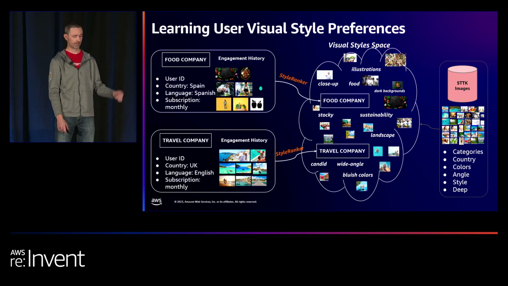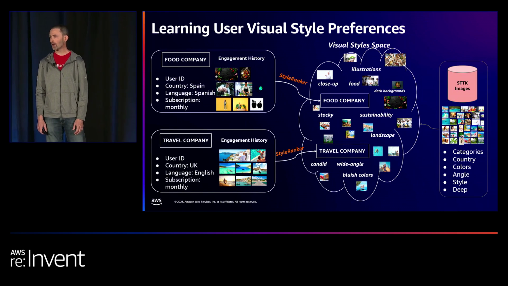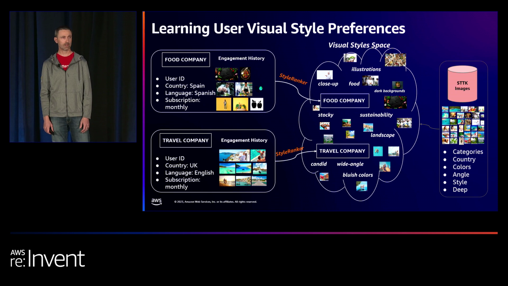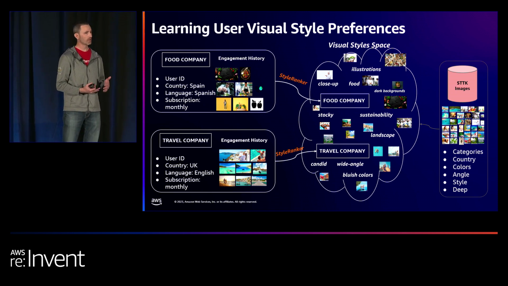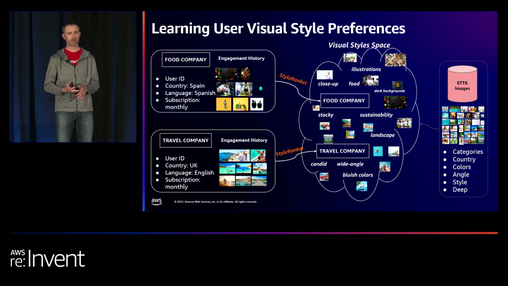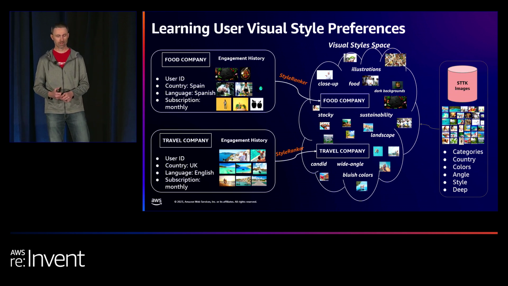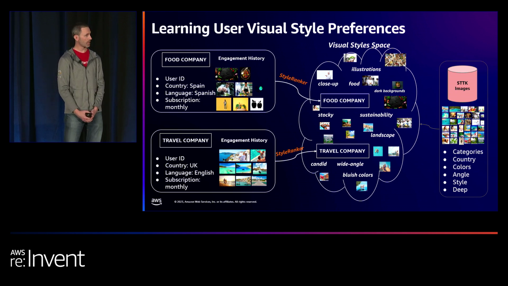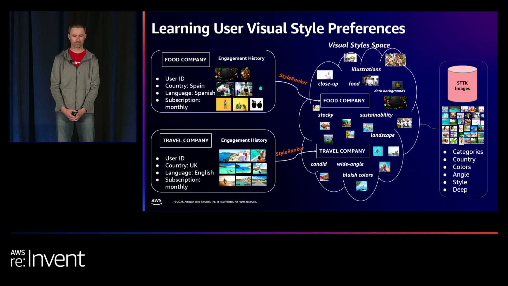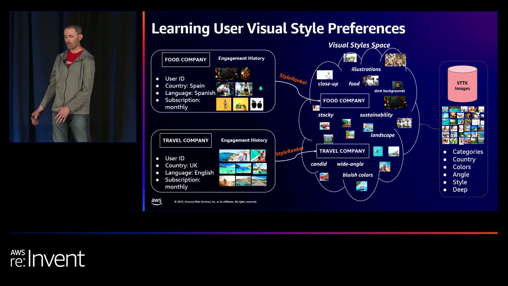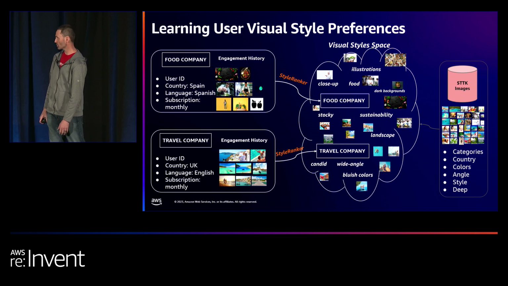Here we see how it works. For each user, we have their engagement history and a set of features that identify them, such as their user identifier, the company they work for, maybe the country they operate in. Here we have the food industry user we saw before and a travel company user. And they're interested in more wide-angle shots and travel images with bluish colors.